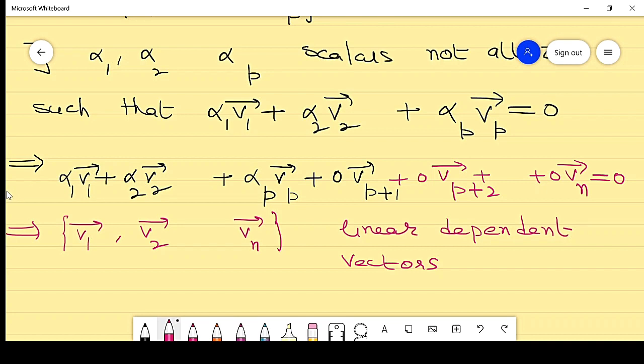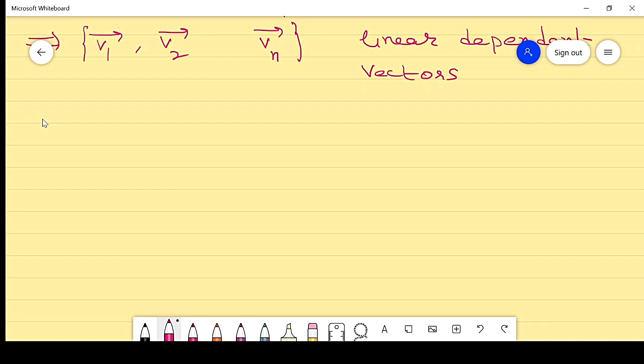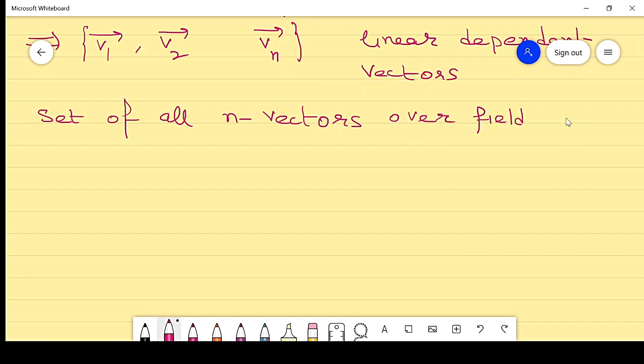Now the set of all n vectors over a field, it may be real or it may be complex, over field F, is denoted by Vn of F. So the field contains the scalars and this contains the vectors.